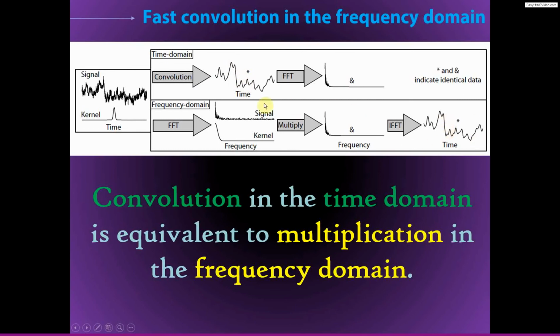Okay, now maybe you're looking at this plot and saying, this is ridiculous. Why would I do all of these steps when I can just do convolution? Because typically we don't really care about this. We just want this. So why should I do 1, 2, 3 steps when I can just do one step? If we didn't have the fast Fourier transform and we were just using the normal discrete time Fourier transform implemented manually, then yes, you would be crazy to do all of these extra steps when you can just do convolution.